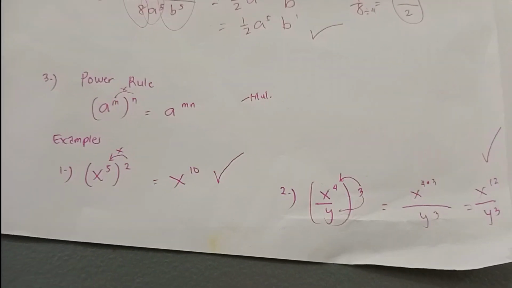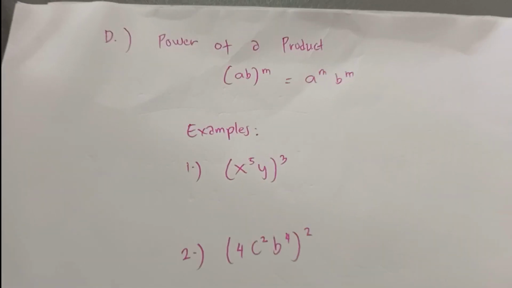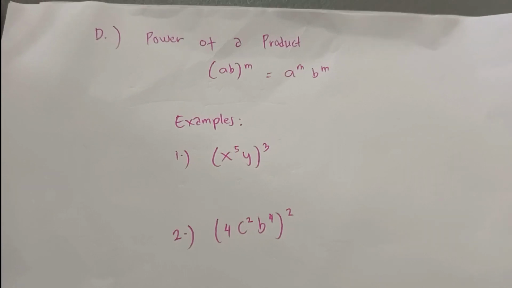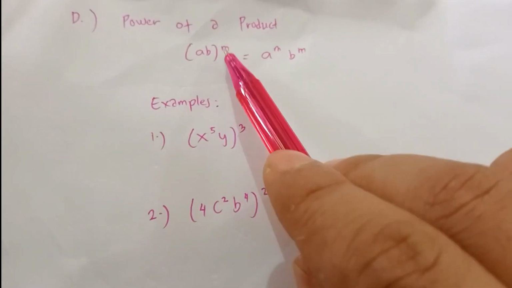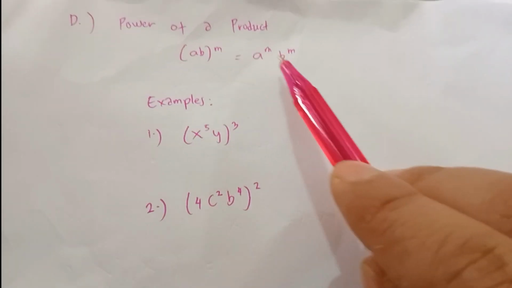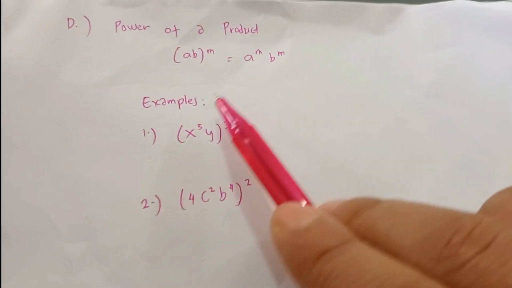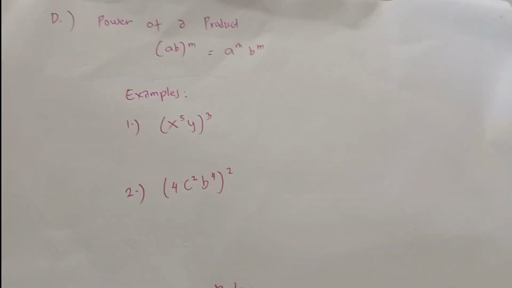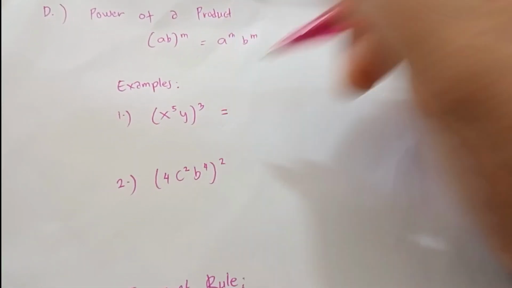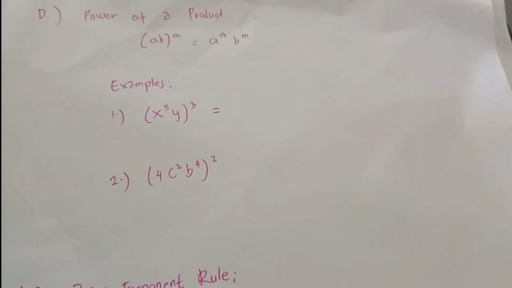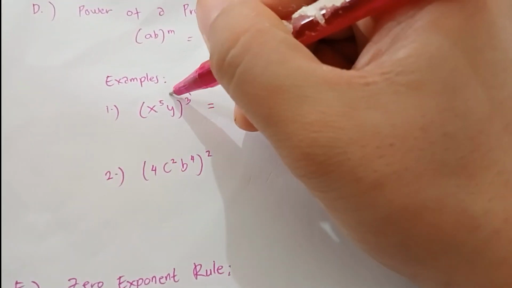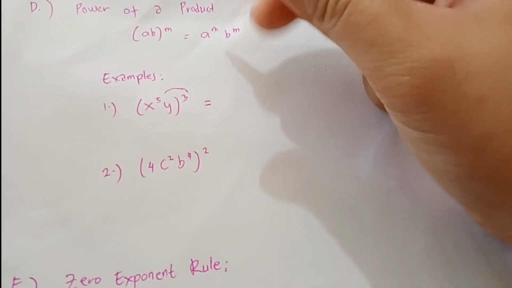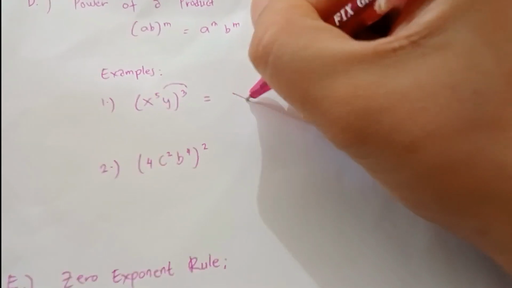This time, let's proceed to another concept of laws of exponents. We have the power of a product. We have two terms, ab raised to m. So, ganyan ang formula. Then, first example, the quantity x fifth y, raised to third, equals x raised to 15. Bakit?